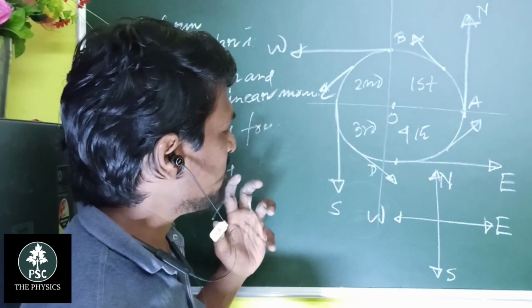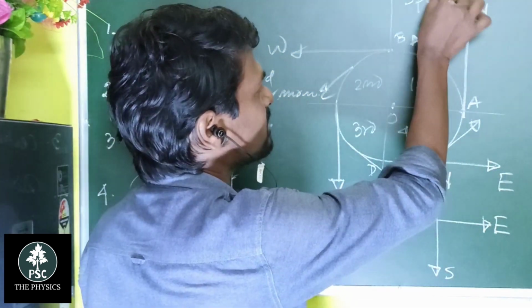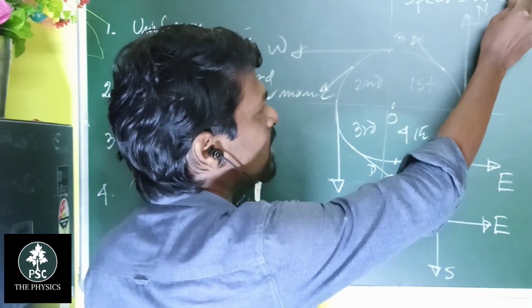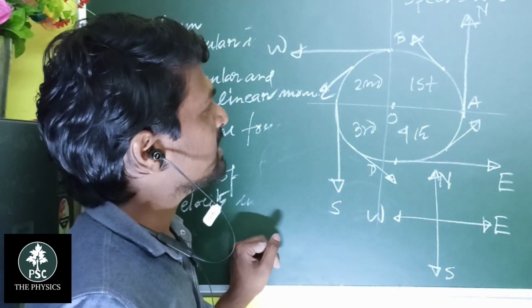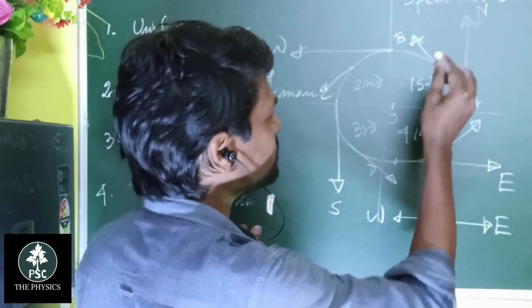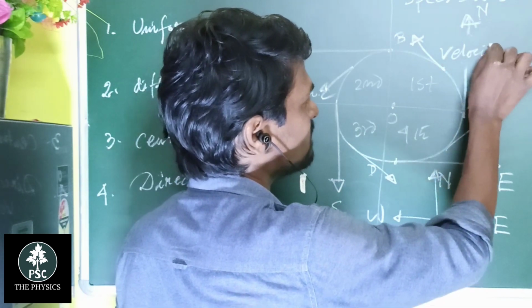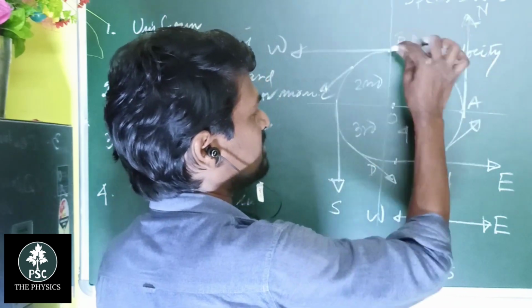So what is the main basic concept? The speed remains constant. In circular motion, speed remains constant, but what about velocity? Yes, it changes.